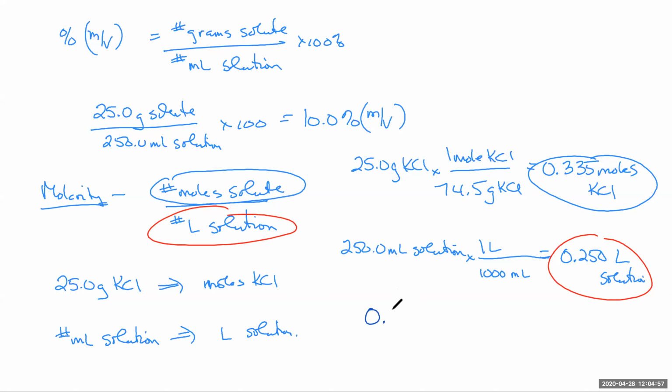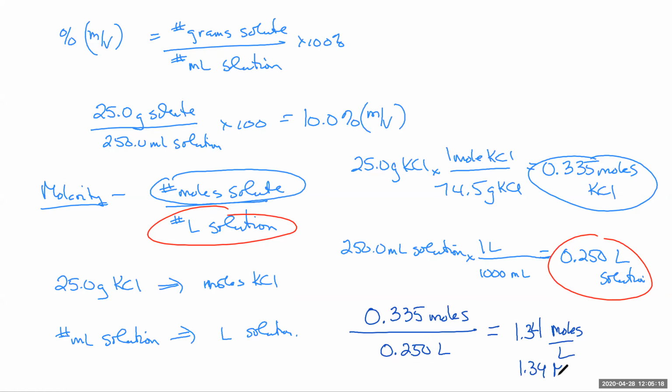So I have 0.335 moles of solute divided by 0.250 liters of solution. And if you calculate that out, I believe you're going to get 1.34 moles per liter, or you could write that as 1.34 capital M.